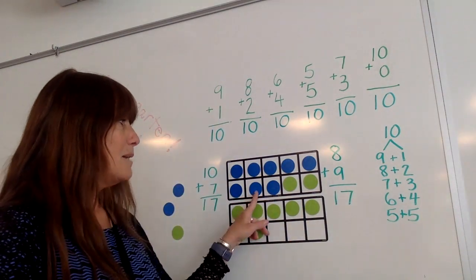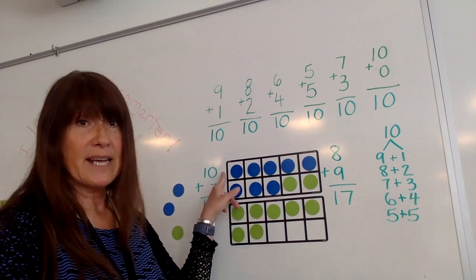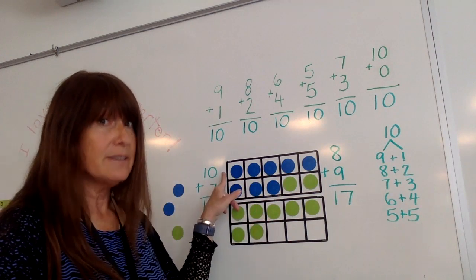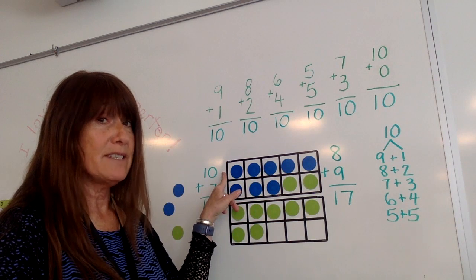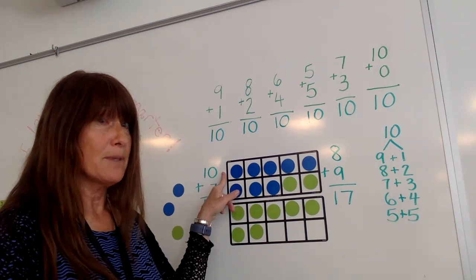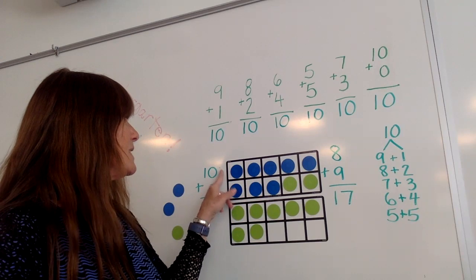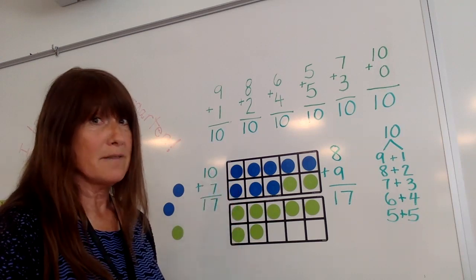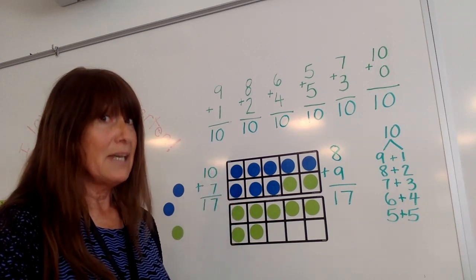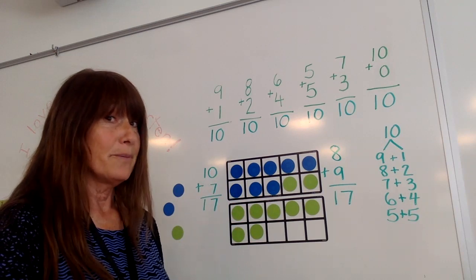Okay, so sometimes if you use that number 10, we call that a friendly number. Remember, 2, 5, and 10 are friendly numbers. If you can use that 10 to help you solve a math problem, it might go much quicker for you.